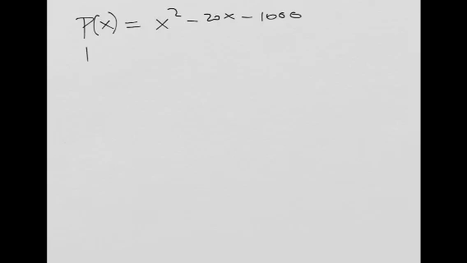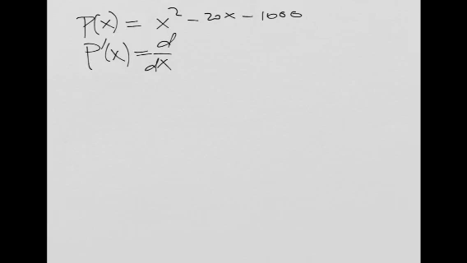If I take the derivative of this, what do I get? I get d/dx of x squared minus 20x minus 1000, and this is 2x minus 20. Yes, that's the derivative. Now let's look a little bit at the graph of the profit, right?